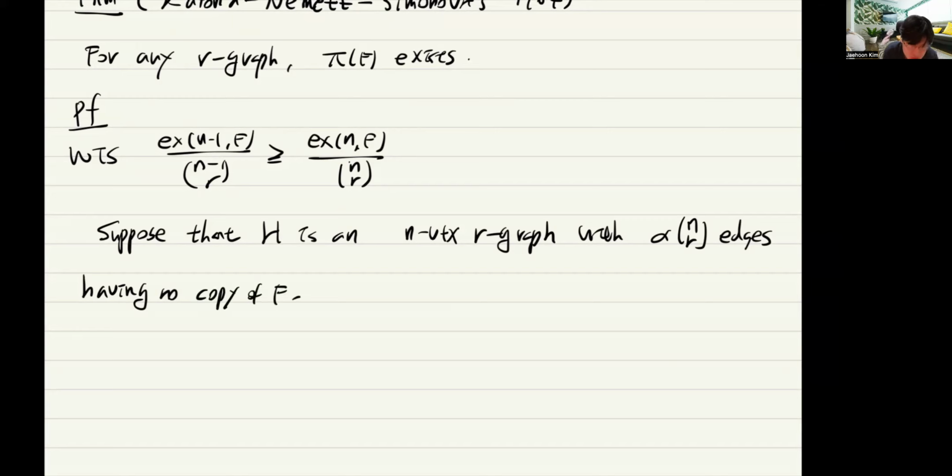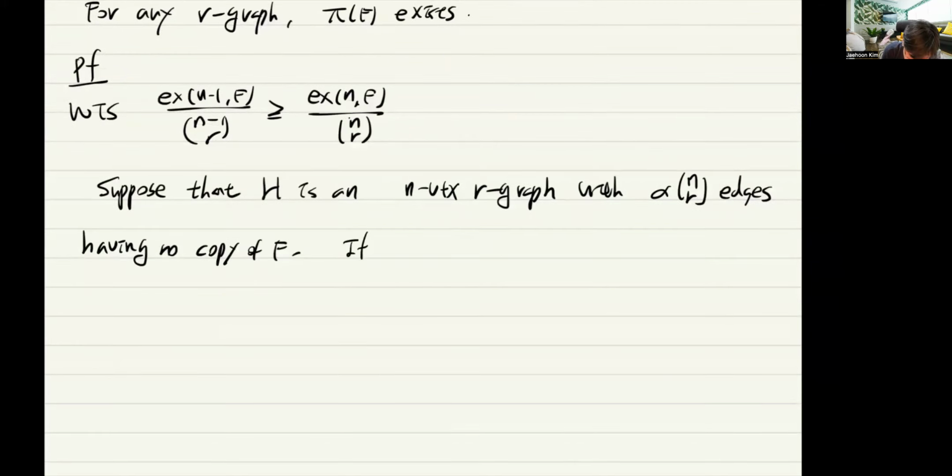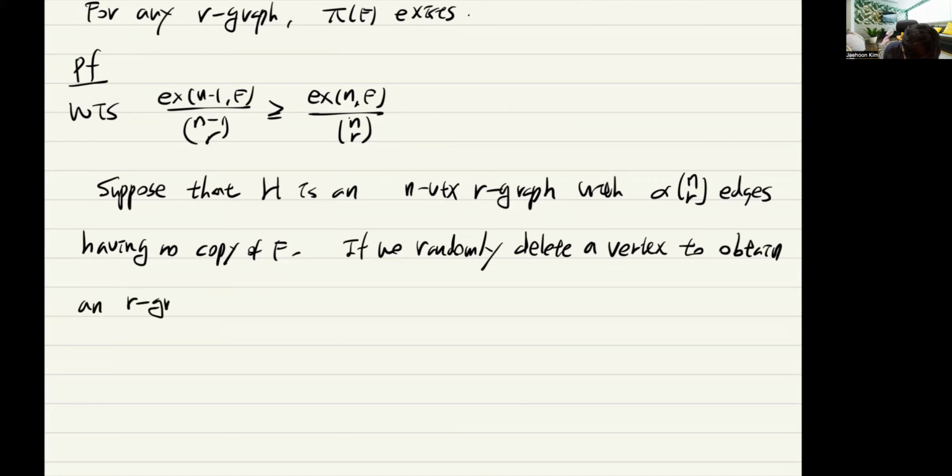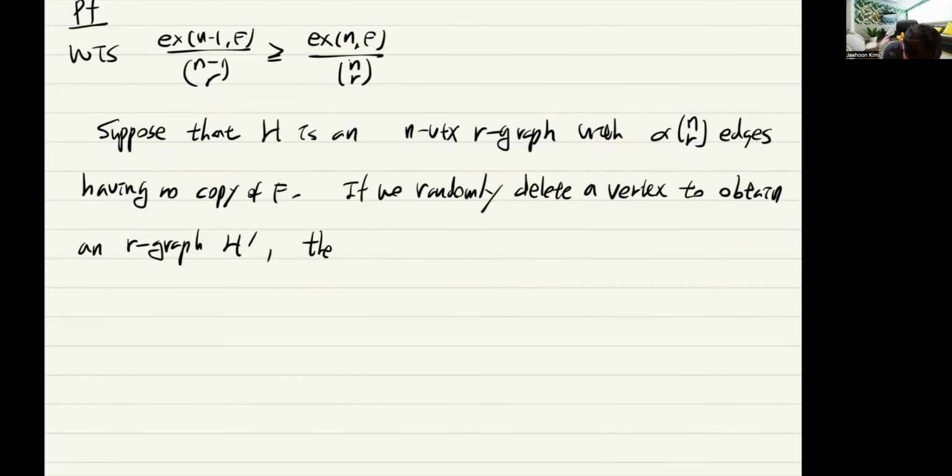Then if we choose one vertex at random and delete it, to obtain an r-graph H prime, what do we know? The expected number of edges of H prime, we can compute it.